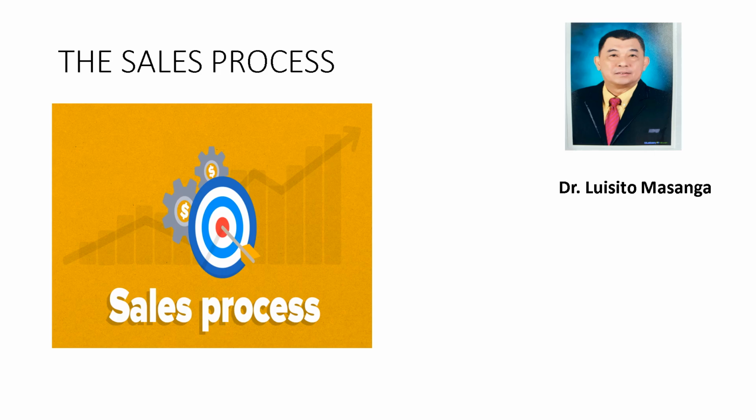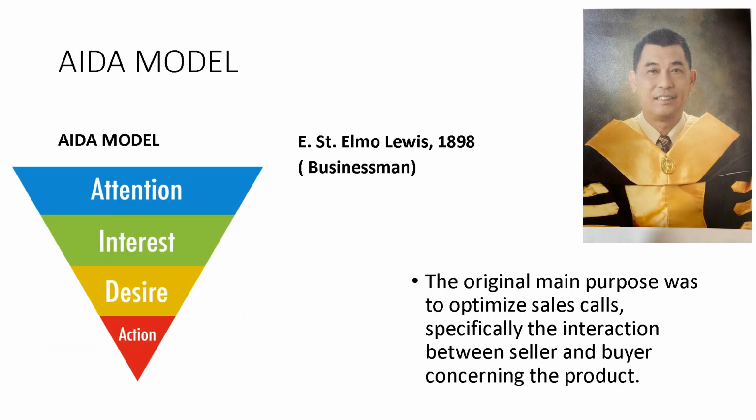To continue, just to reiterate, the AIDA model is an acronym that stands for A, attention; I, interest; D, desire; and A, action. The AIDA model was developed and authored by E. St. Elmo Lewis in 1898.